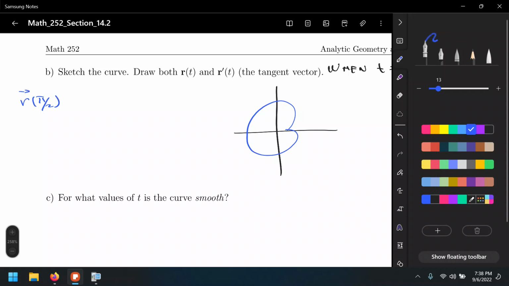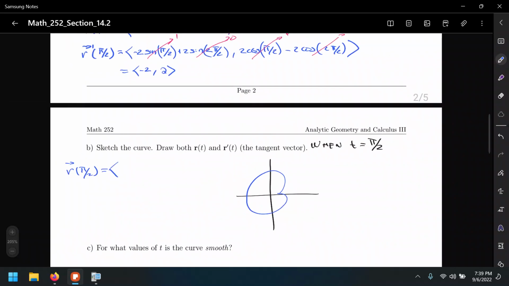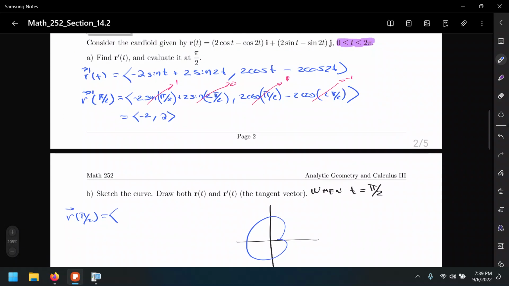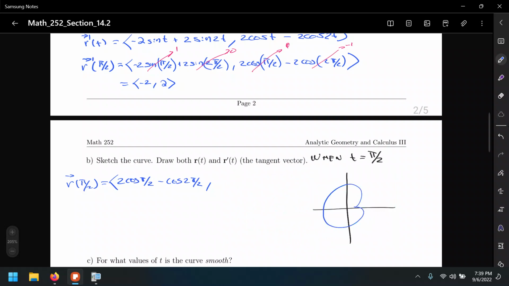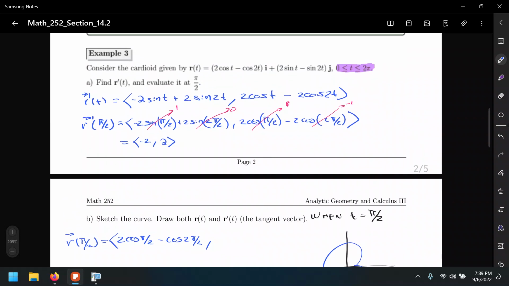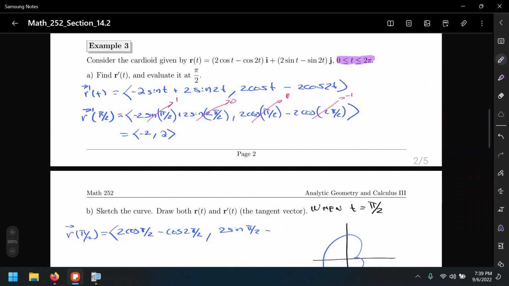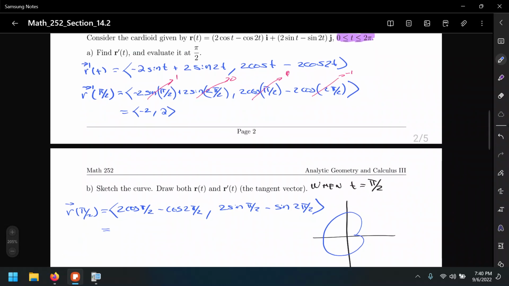Let me zoom out a little bit. Oh, it's not the derivative, it's actually the original function: 2 cosine t minus cosine 2t, comma, 2 sine t minus sine 2t, evaluated at pi over 2. Let's do the calculation.